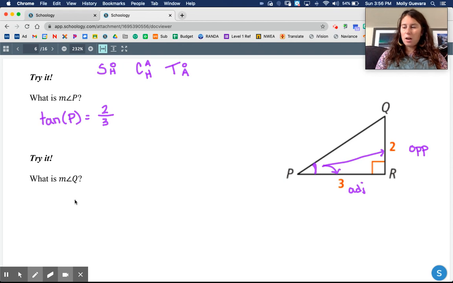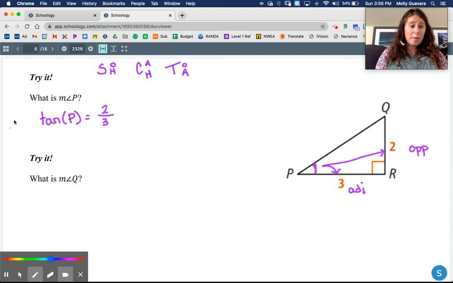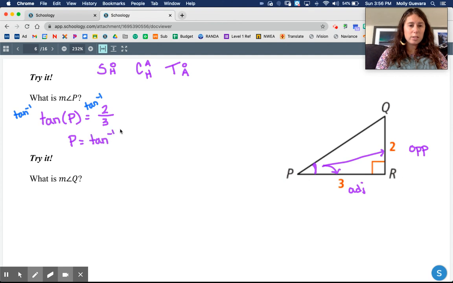Okay. So to get rid of that tangent, I'm going to take the tangent inverse of both sides, which leaves me with P equals the tangent inverse of 2/3.